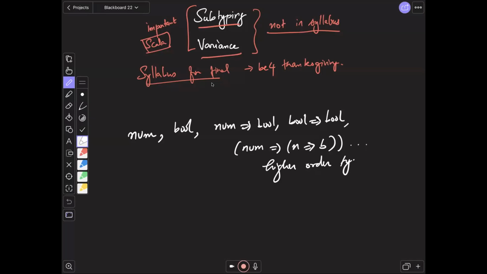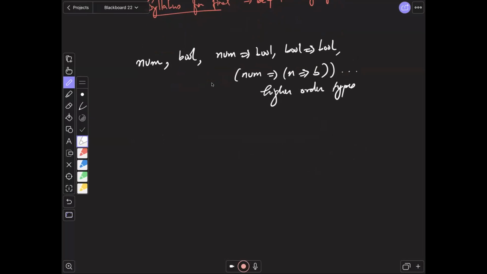All right. Now, the important thing is these types were not related to each other. So numbers are the numbers, all the negative numbers, minus 10, minus 9, 0, 1, 2, 10, and it goes on forever. So this is the set of values that you can have for type num.